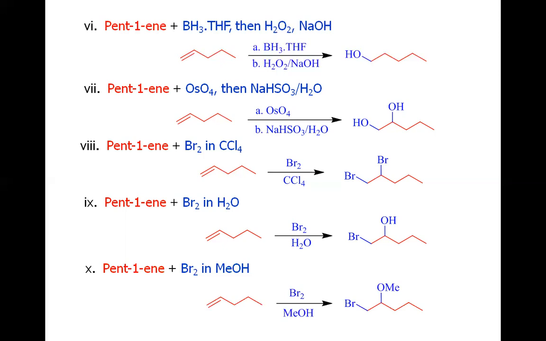First of all, this alkene will react with this Br2 molecule to have the three-membered bromine-containing ring, which is called the bromonium ion. And this time we have the methanol present as a nucleophile, which will open this bromonium ring, and we have the entry of OMe in the molecule.